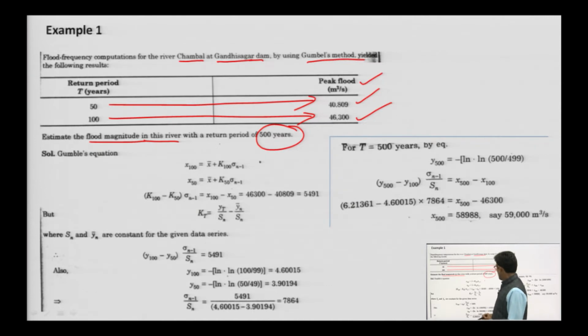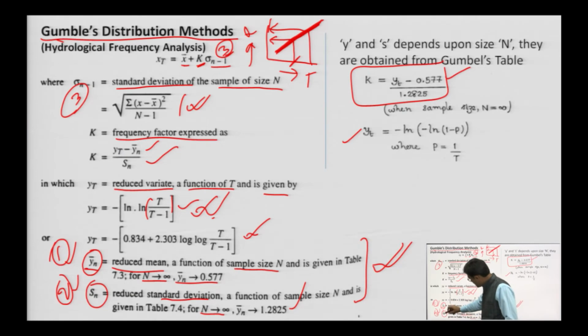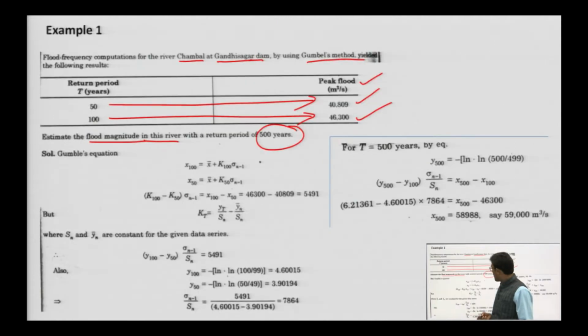Nothing else is given, no value of the table. We do not have the table, and neither do we have yn, Sn and standard deviation; they are not known to us. Then how we will calculate, that I want to tell you through this example.